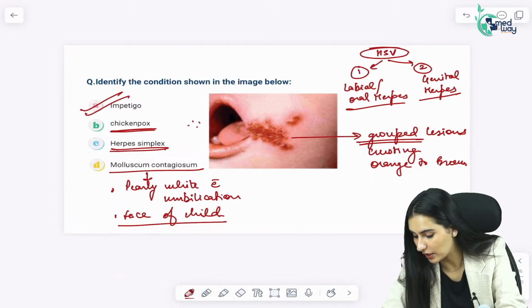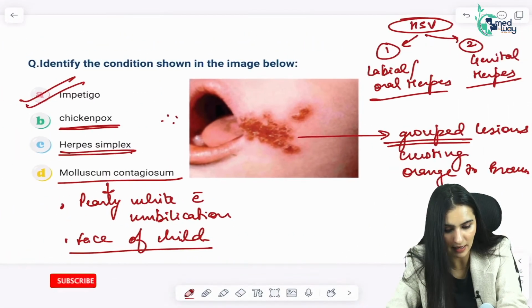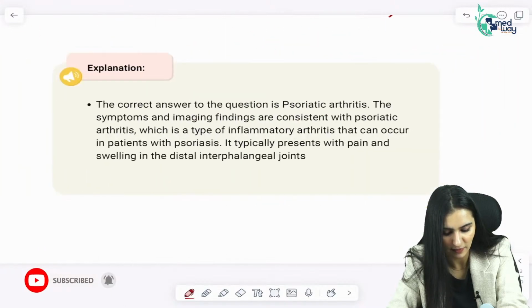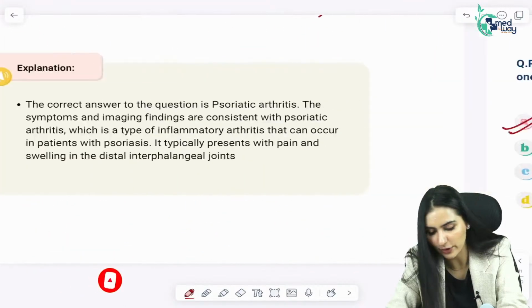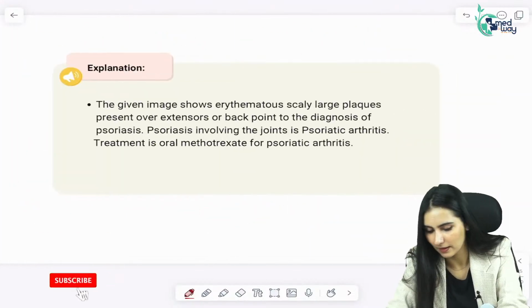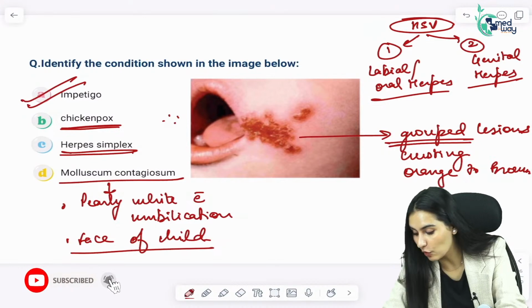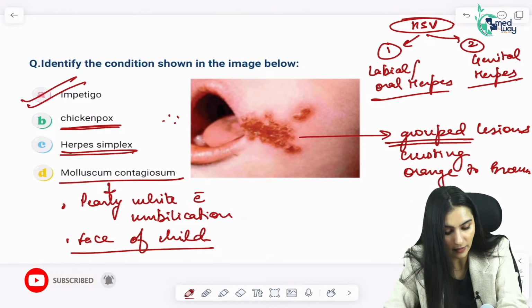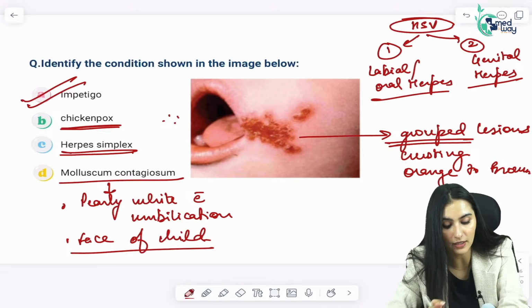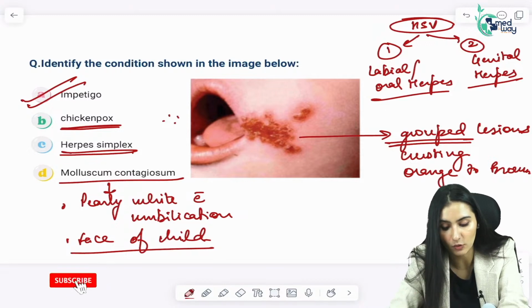I don't know for what question you are answering C. Was there an answer which was C? You guys, in the last 4 questions, C was not an answer. You guys are answering something wrong. Okay? If you're confused over here, it is not herpes simplex, it is impetigo. Why?